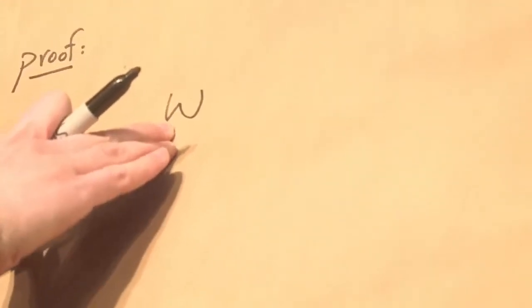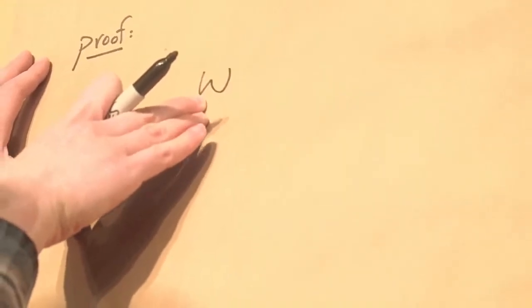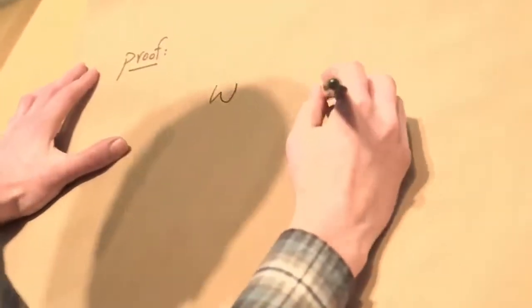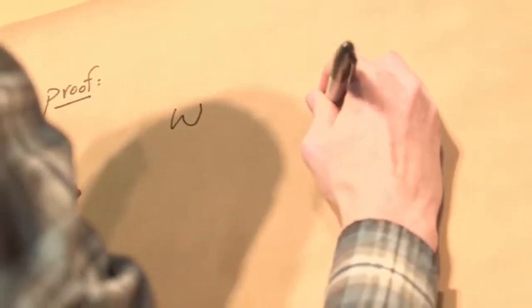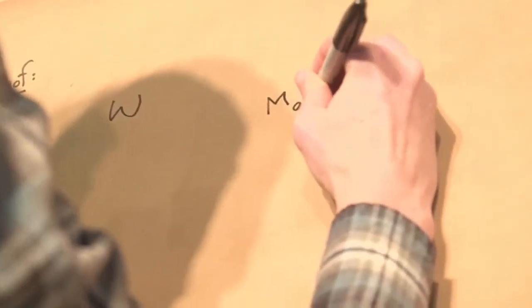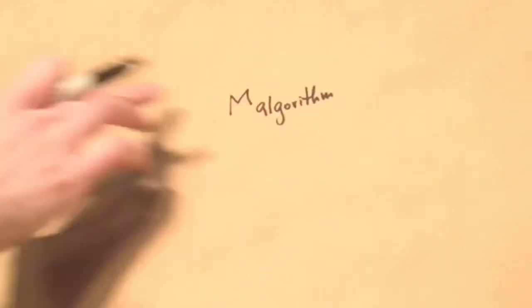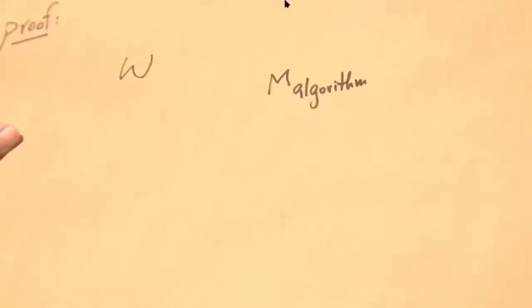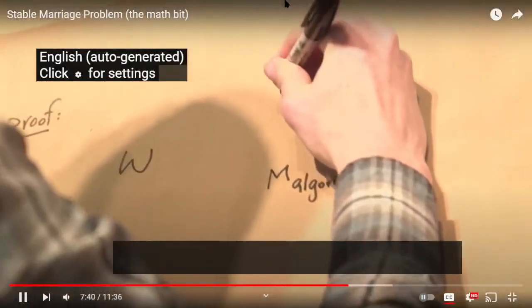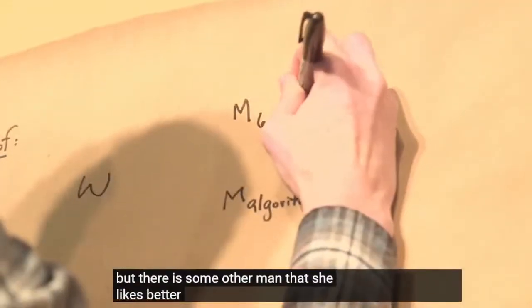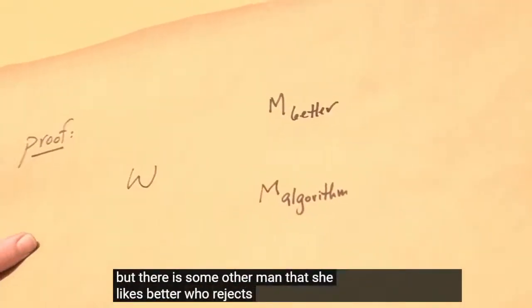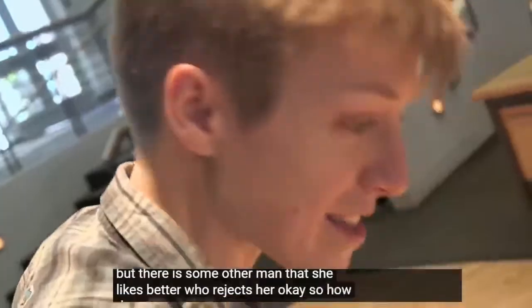This woman can't exist. But let's suppose right now that woman W is the first that is rejected by a possible husband. So what does this mean? That means that there's the man that she's assigned to by the algorithm. I'll write M for the man that she's assigned to by the algorithm we just described. But there's some other man that she likes better who rejects her. Okay, so how does this happen?